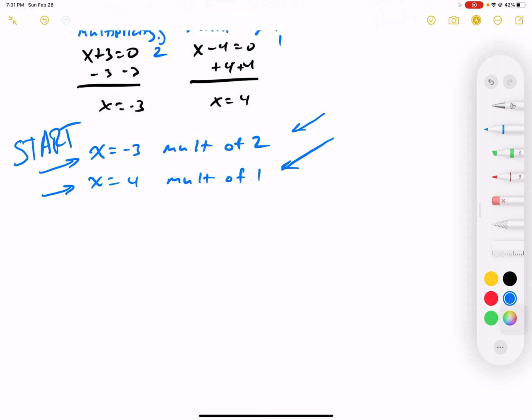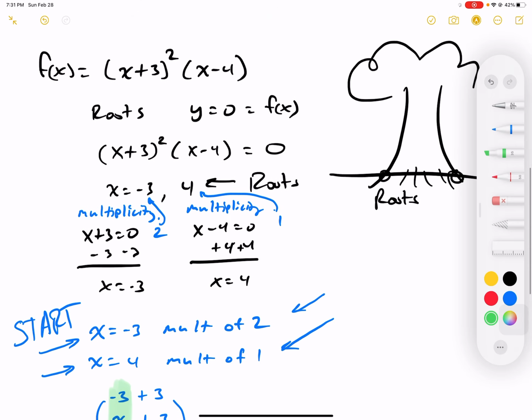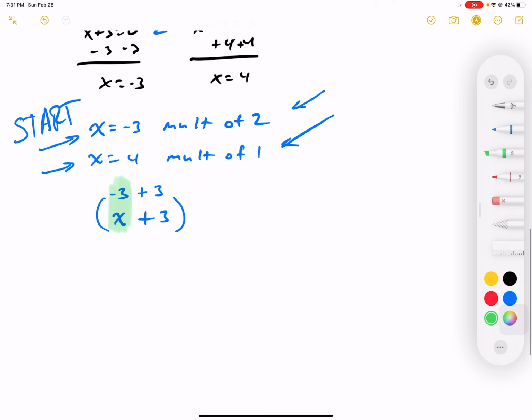So to give us the factor, we can say, okay, if -3 is my answer, what did I cancel out? Well, I canceled out a +3. So x plus 3, right? That becomes our factor. At x plus 3, that is a root for me, leading back to our original factor. Take a look up here, that's our original factor. If x is 4, when do they cancel out to give me the 0?